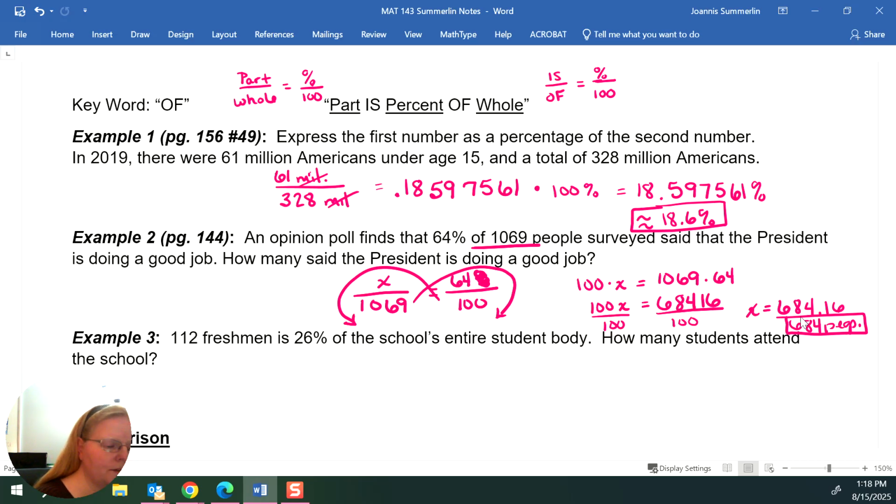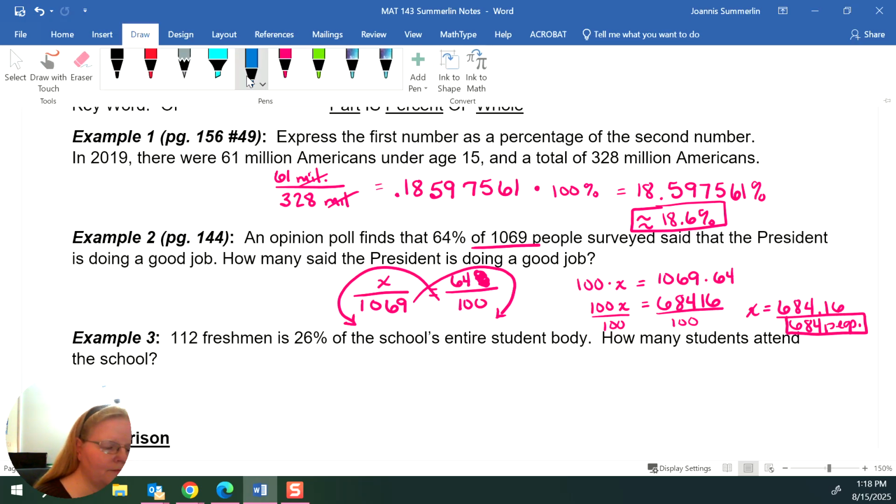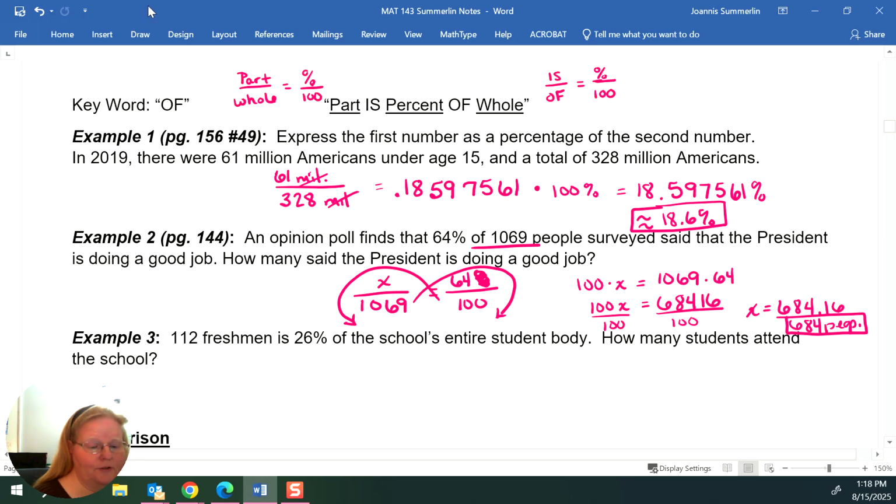Now your question is, well, how did you do it before? I can show you. I did it exactly the way it's written. An opinion poll finds that 64% of 1069 people surveyed said that the president's doing a good job. How many people said so? 64% is 0.64, because that's what 64% is. Of means to multiply 1069.